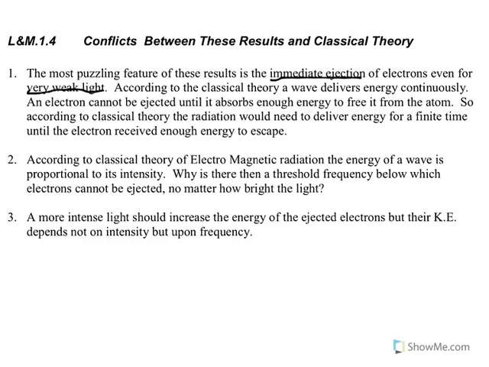So classical theory says higher intensity means more energy, so you should be able to crank it up and get more energy. That was not found. It was found that there's a threshold frequency. If the light was below the threshold frequency, it didn't matter how bright it was, you wouldn't get anything off. And again, that was weird according to classical theory.